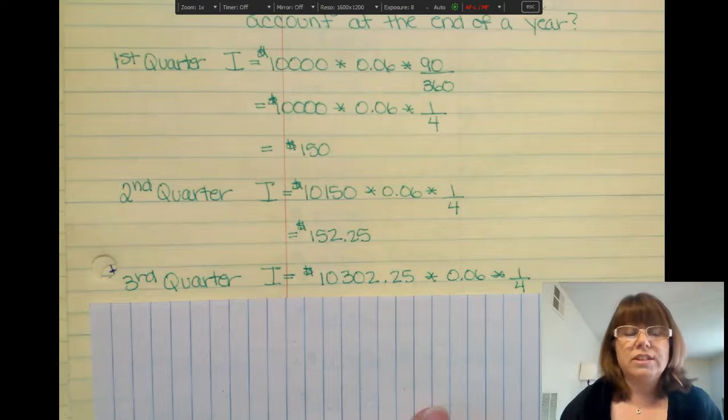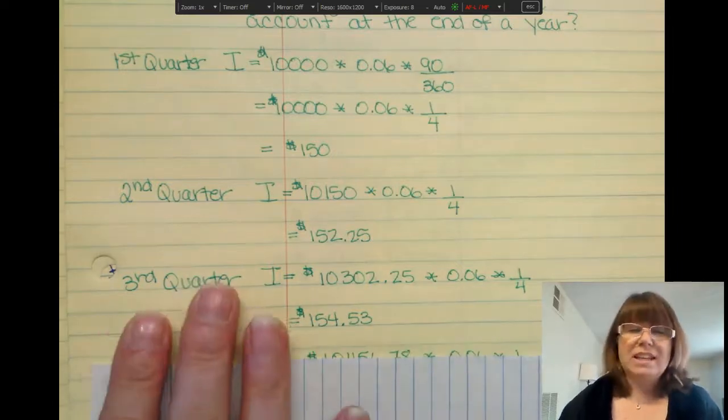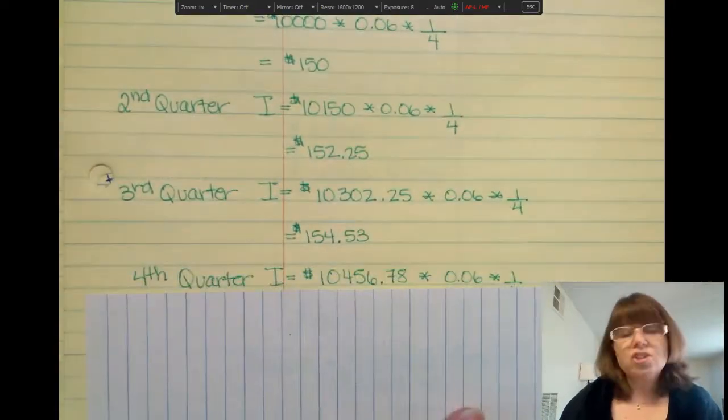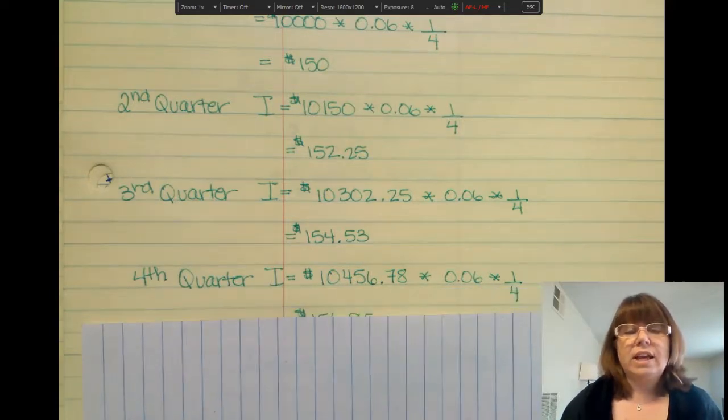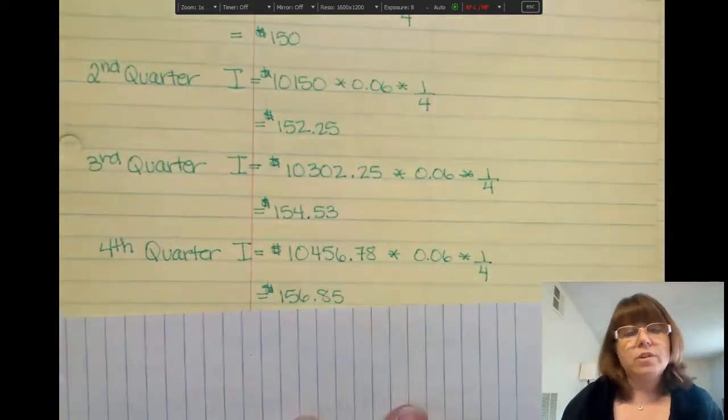That earns interest, $154.53 interest goes back in the account. Kind of never leaves the account, it just stays there. At the start of the fourth quarter, we have $10,456.78.